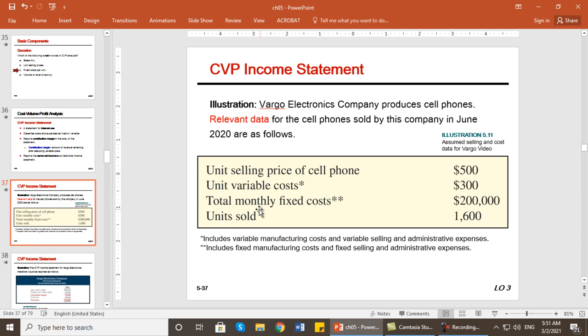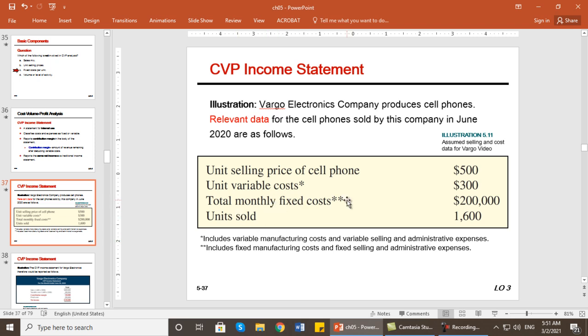This variable cost includes variable manufacturing cost and variable selling and administrative expense, all the variable cost from manufacturing and from selling and administrative.